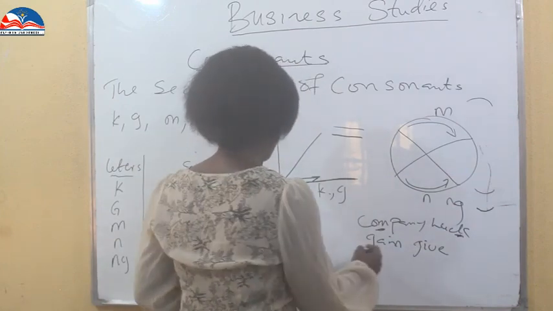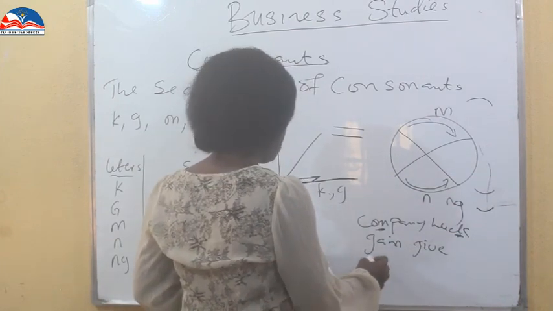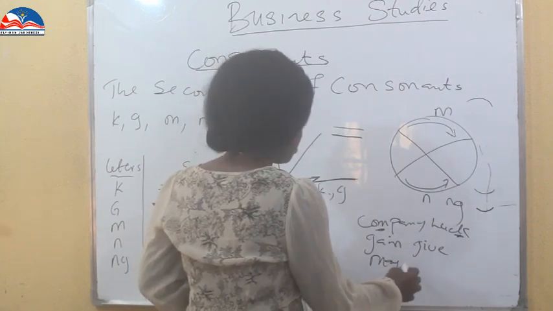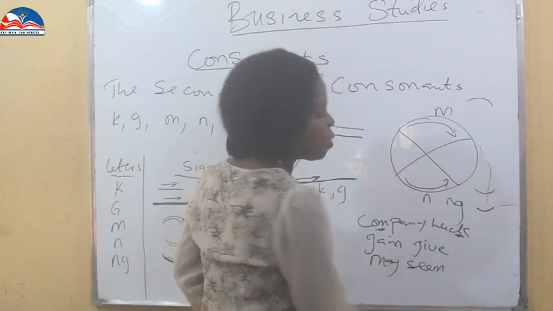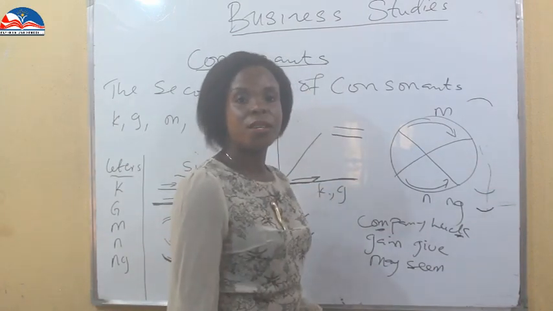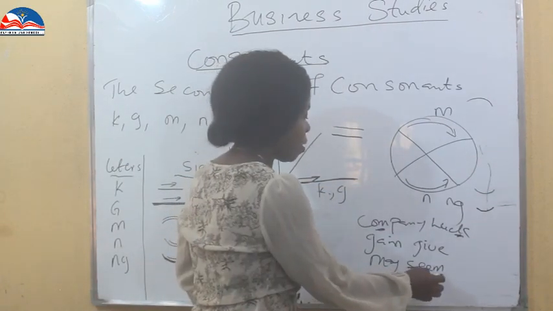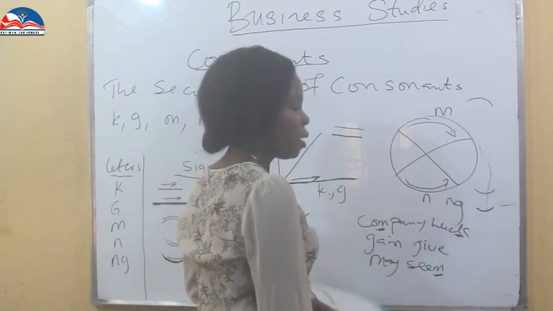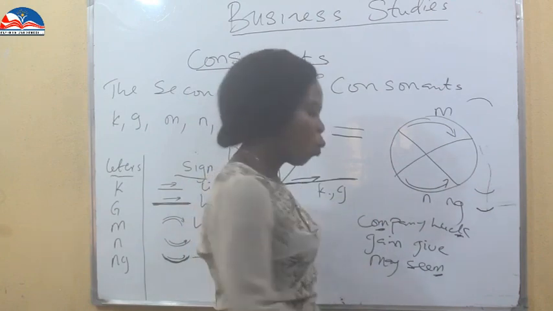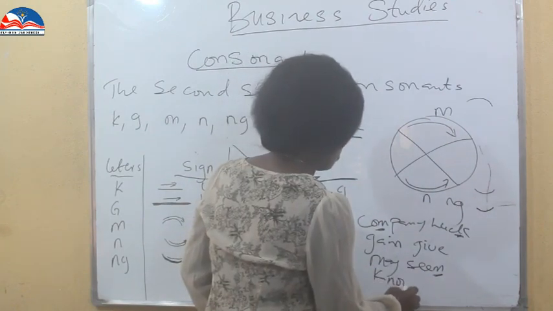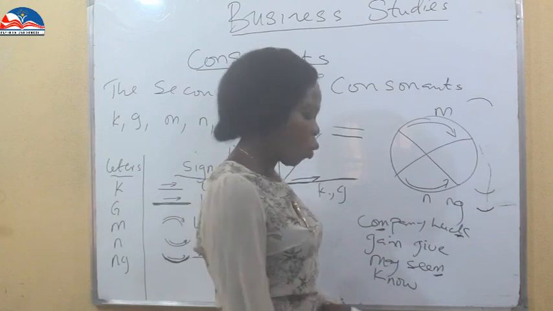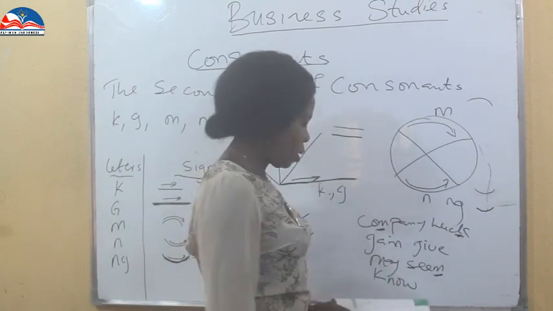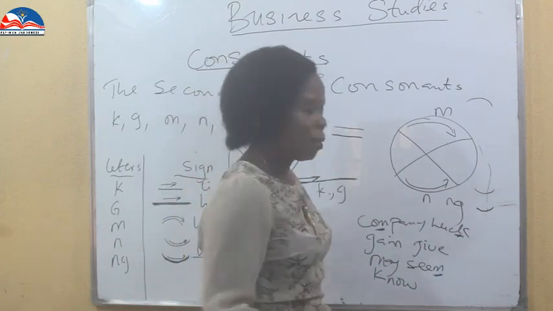Then we have the M. We have M as in may. May. We have sin. Sin. The N is here. Then we have the other one, the N, which is no. No. The N. Then we have the NG, like in long.